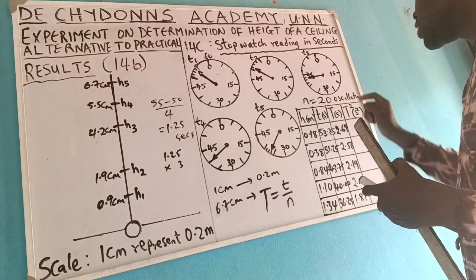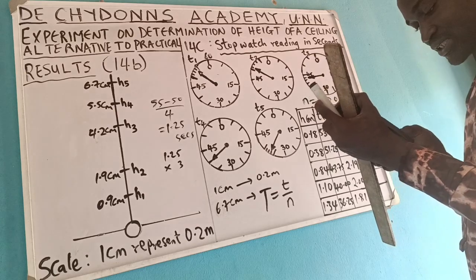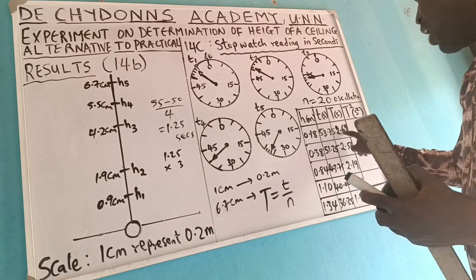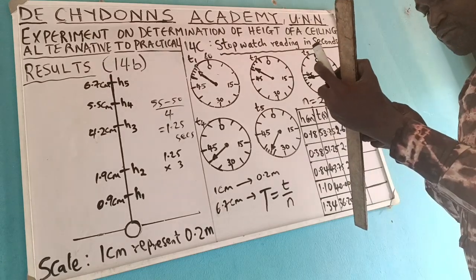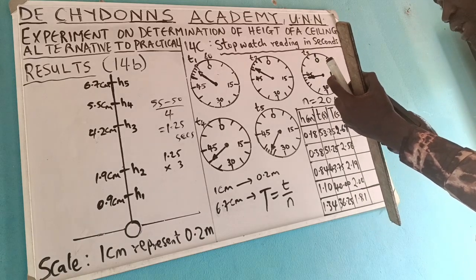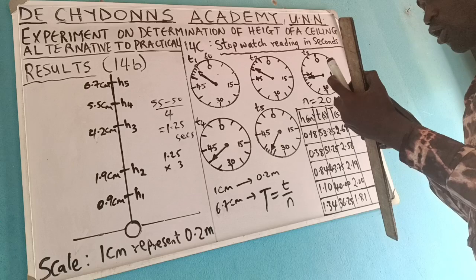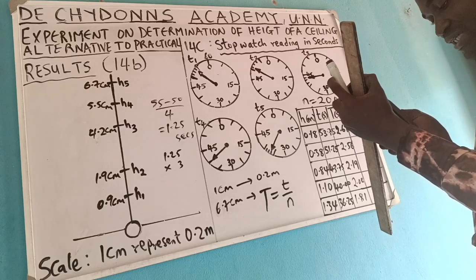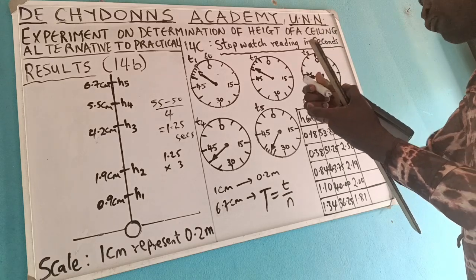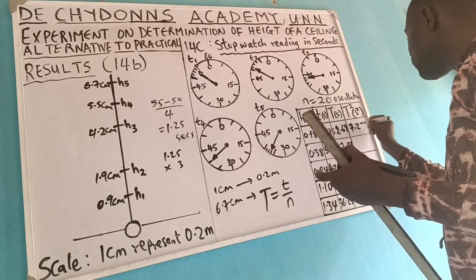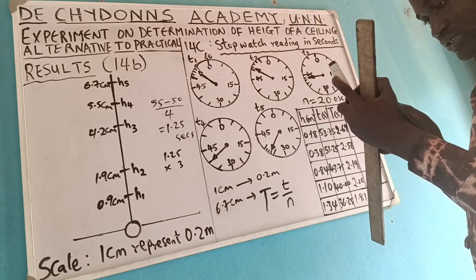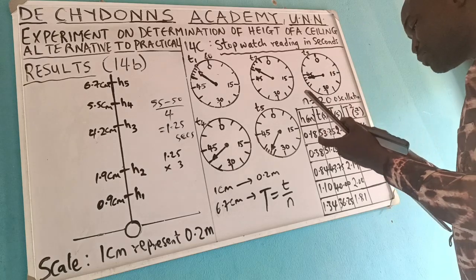Then what about your T squared? You know, this is the approximated answer. I will advise you, once you divide 53.75 by 20, it gave us 2.69. You now say 2.69 squared, that gives you 7.24. 2.56 squared gives you 6.55.